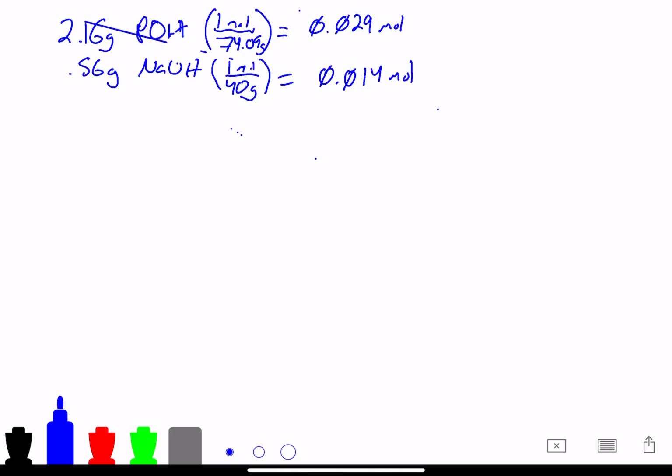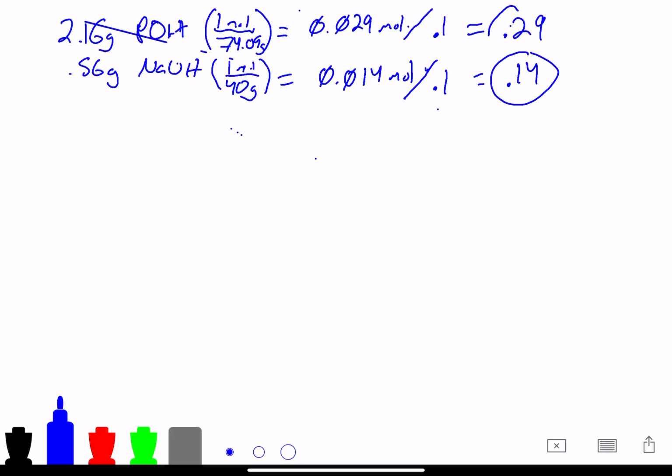Now we're taking these numbers of moles of each of these species and dissolving them into 100 milliliters of solution. Remember, the formula for molarity is the number of moles over the volume in liters. So we divide these two numbers by 0.1, because that's how many liters we are putting it into, which gives 0.29 and 0.14.